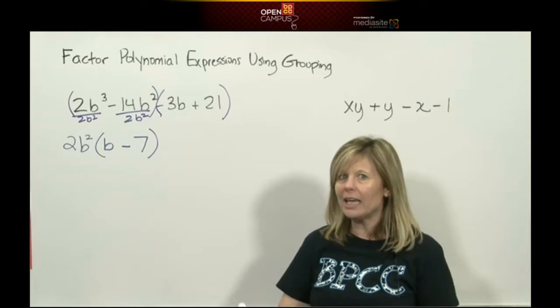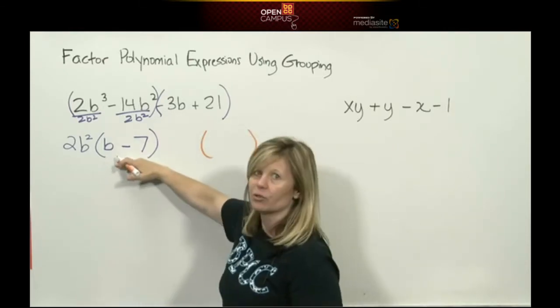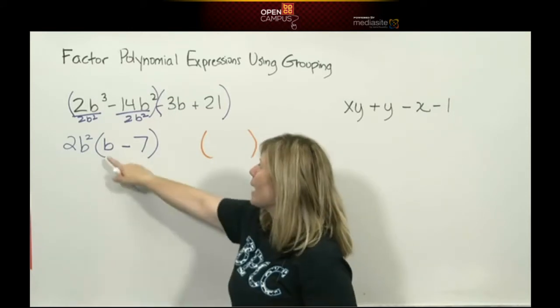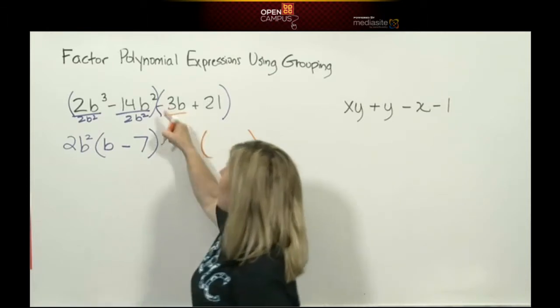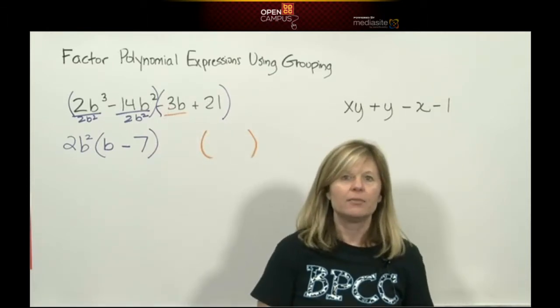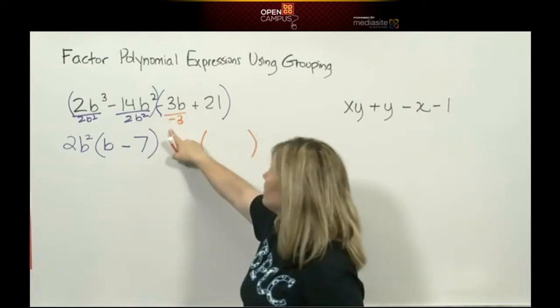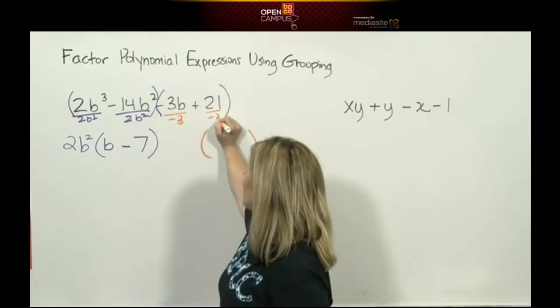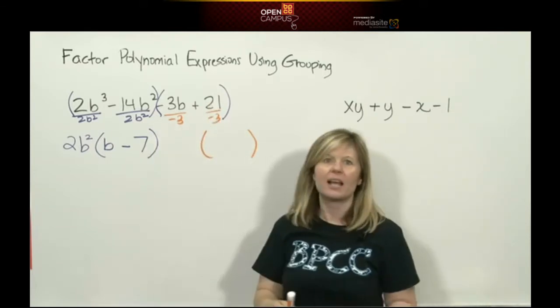Well, your goal is to get the next set of parentheses to look identical to this. So you'd want a positive b and a negative 7. So what would you divide negative 3 by that would make the b positive? That's right, you would divide by negative 3. And if you divide this term by negative 3, you better be dividing this term by negative 3. Is 21 divided by negative 3 going to give me negative 7?